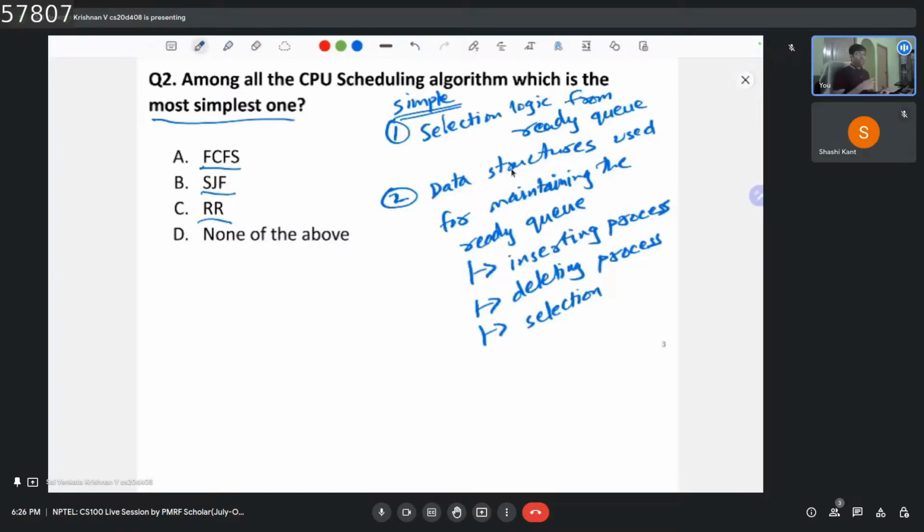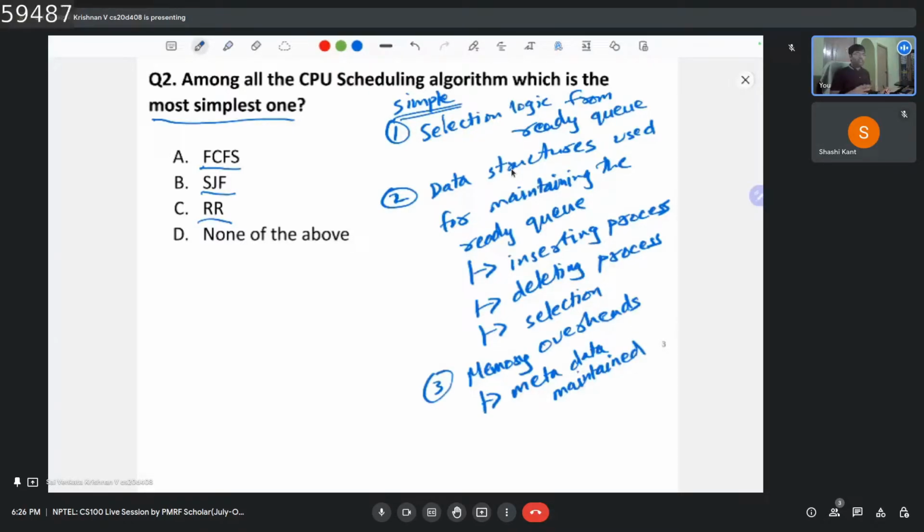Another thing is the memory overheads and the selection logic. The memory overhead includes, for each process, what information you have to calculate, that is, the metadata maintained.